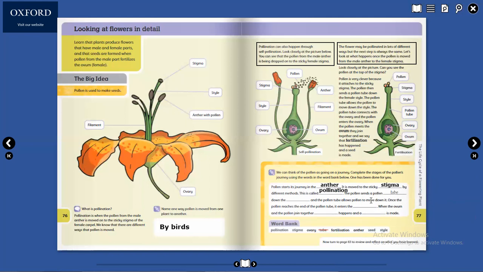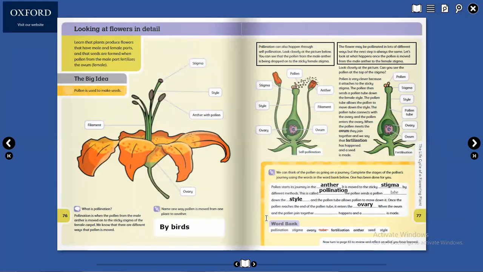The pollen sends a pollen tube down the style, and the pollen tube allows pollen to move down. Once pollen reaches the end of the pollen tube, it enters the ovary.